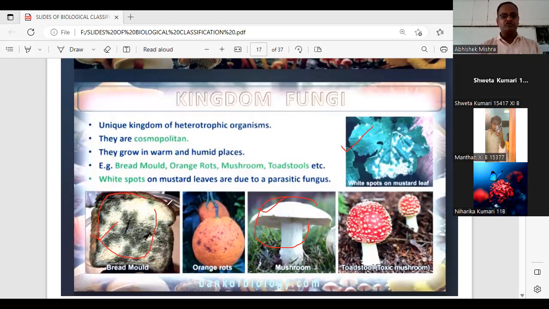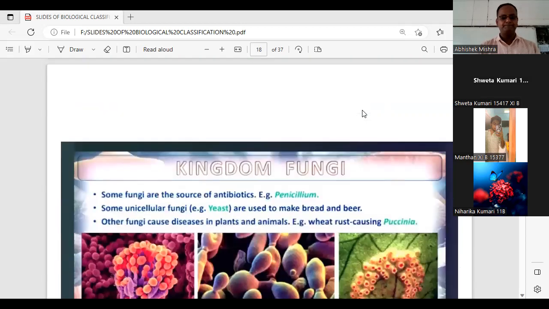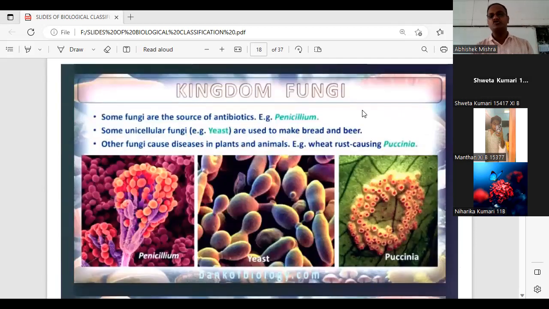Fungi are a unique kingdom of heterotrophic organisms. They are cosmopolitan, present everywhere. They grow in warm and humid places. Examples: bread mold, mushrooms, toadstools, orange rots, white spots on the mustard. Some fungi are the source of antibiotics, that is, Penicillium.